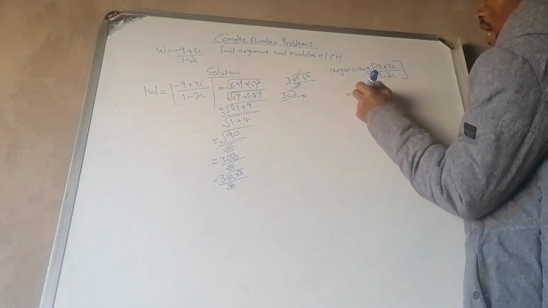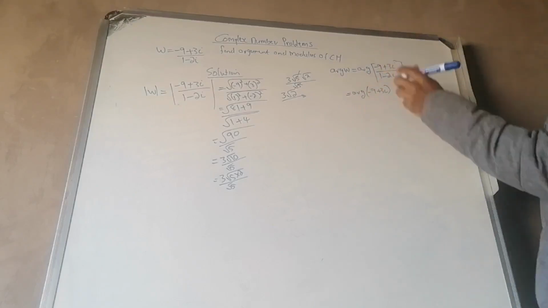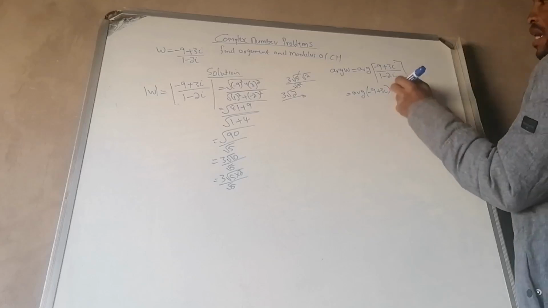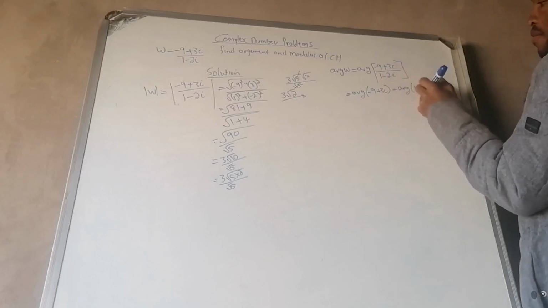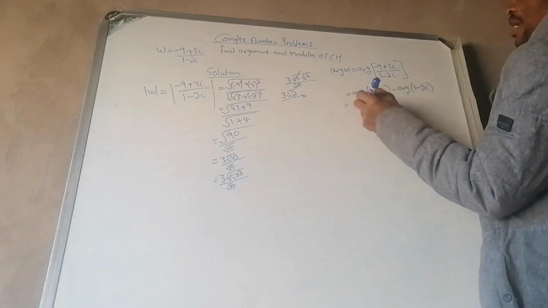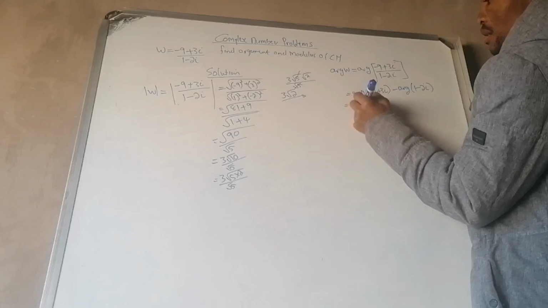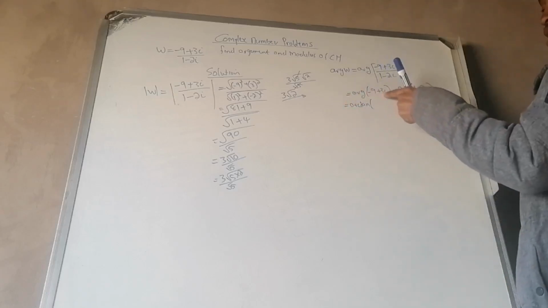So I will find the argument of minus 9 plus 3i looking at the numerator, and I will subtract from it the argument of the denominator. Very, very important that we understand that. And I know that this will be arctan of, this is the real part and this is the imaginary part.